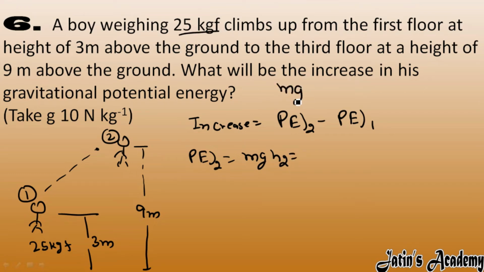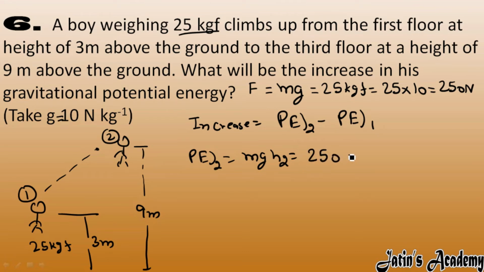Weight, which equals force, is given as 25 kgf. Converting kgf into Newton, we multiply with g, and g value is given as 10. So 25 into 10, we got 250 Newton. So force value, which is weight or mg, is 250 Newton.